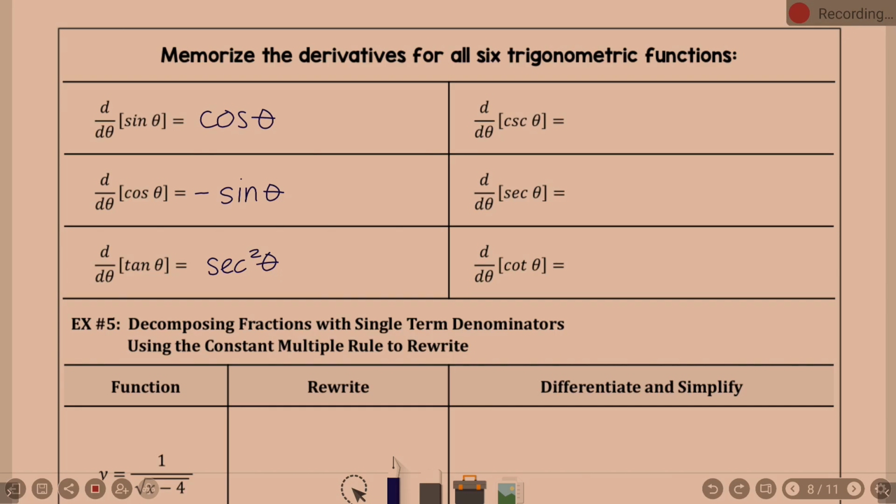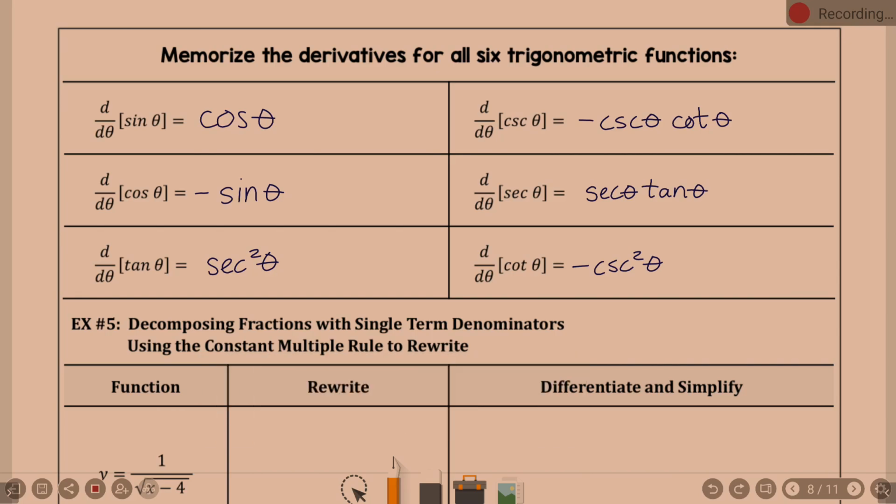Negative cosecant theta tangent theta, or cotangent theta. Derivative of secant theta? Secant theta tangent theta. And derivative of cotangent theta? Negative cosecant squared theta.